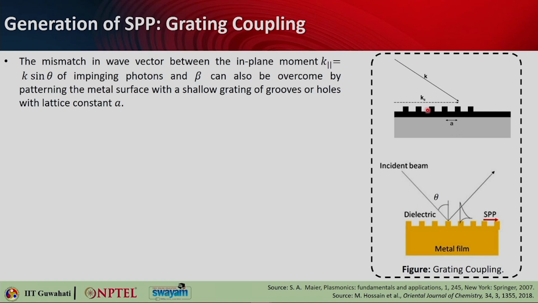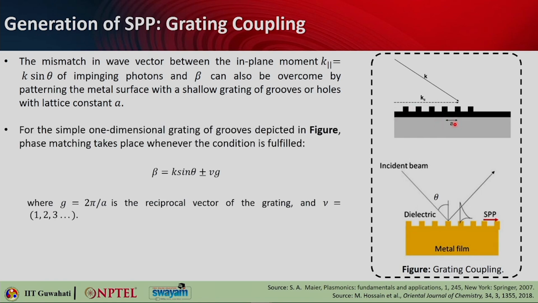So, what you can do is generate a grating of grooves or small holes with lattice spacing of a. If you do that, because of this one-dimensional grating of grooves, phase matching can take place when this condition is satisfied: beta equals k sin theta plus or minus nu g.